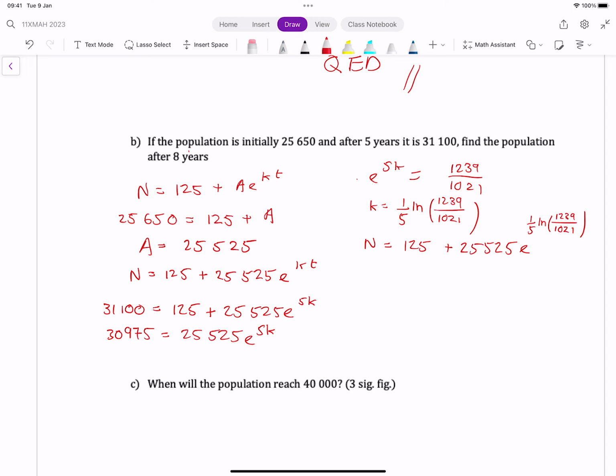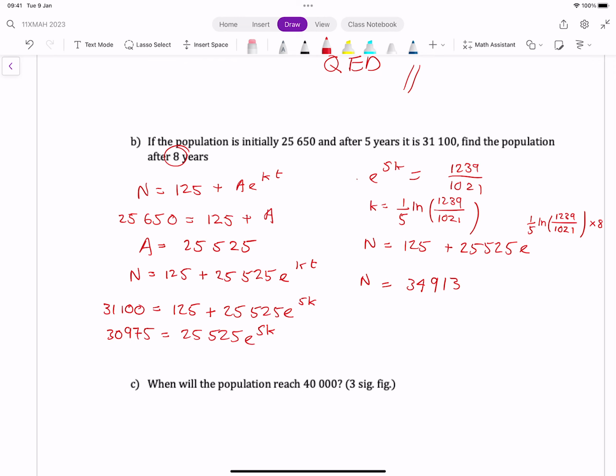Now the question wants after 8 years, so we're going to substitute 8, and we get 34,913.